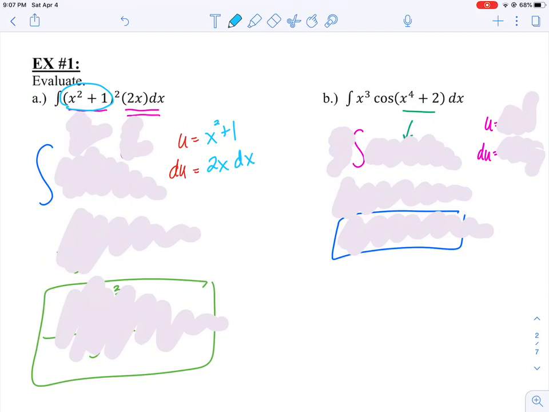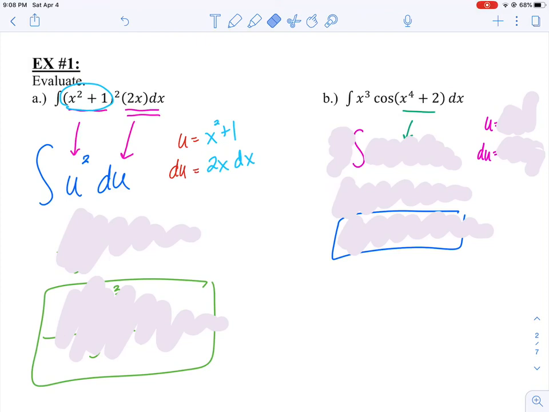Now let's rewrite the problem then, taking out my x pieces and seeing if I can substitute them in for my u pieces. And so I have an x squared plus 1 squared. And instead of calling it an x squared plus 1, can I really just call that a u squared? And then this 2x dx happens to be my du, so I should be able to take out my x squared plus 1, call it a u, so now I have u squared.